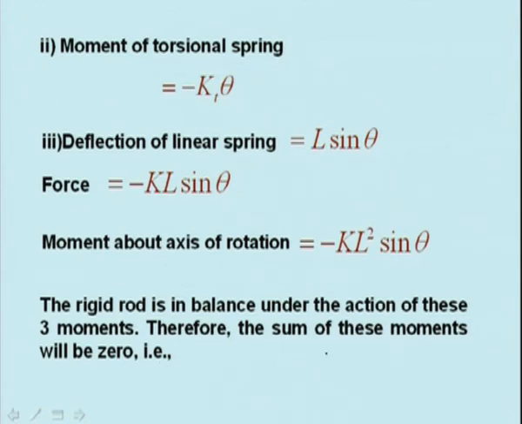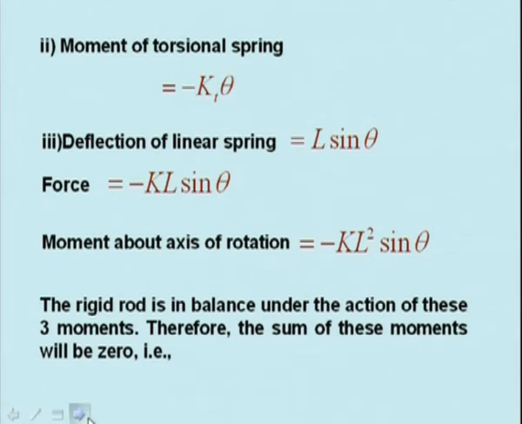Because we take the rigid rod to be in balance under the action of these three moments, that is the moment of the torsional spring, the moment due to the linear spring, and the inertia moment.